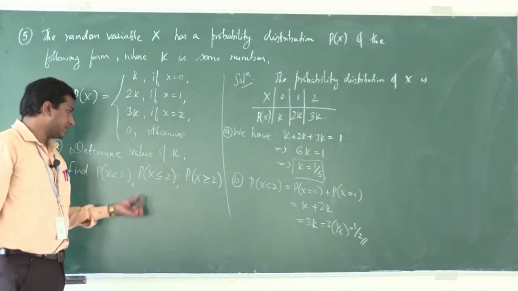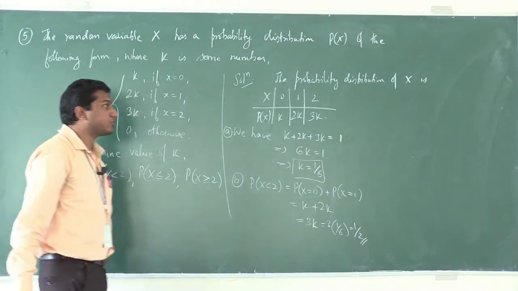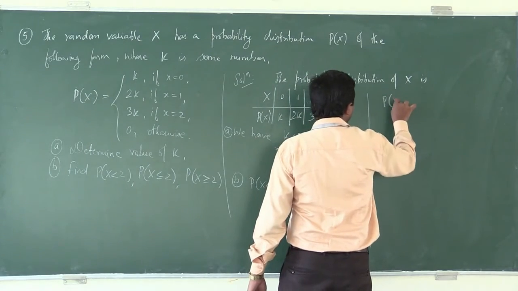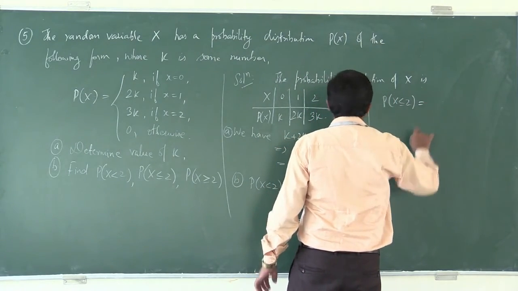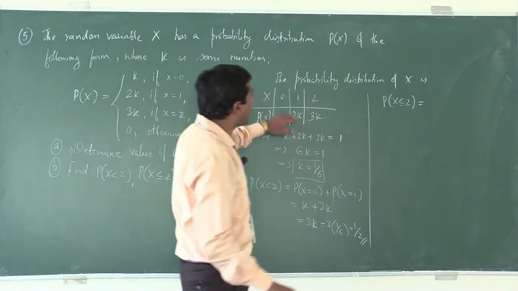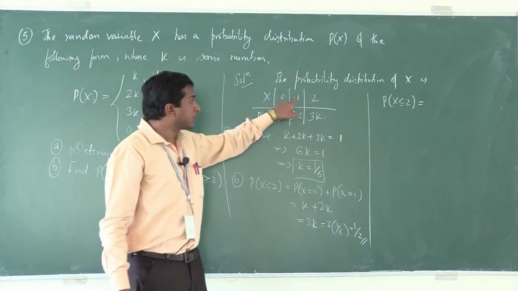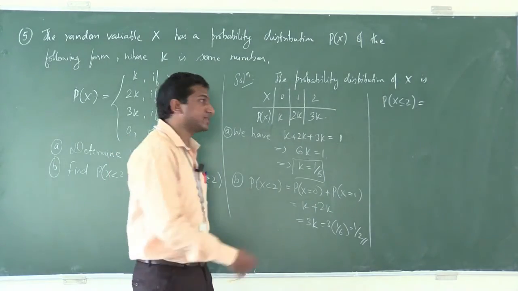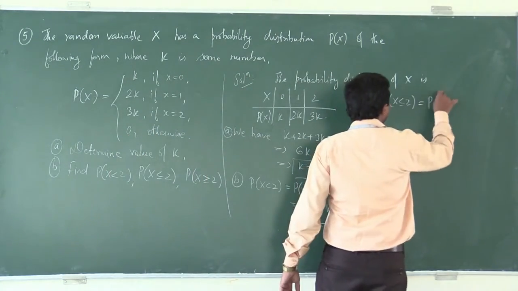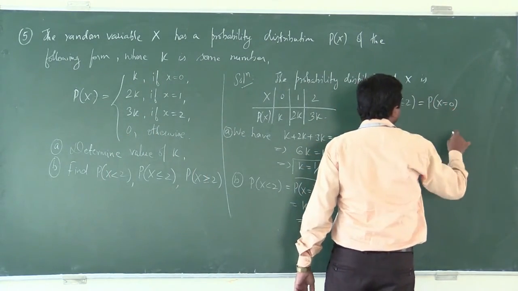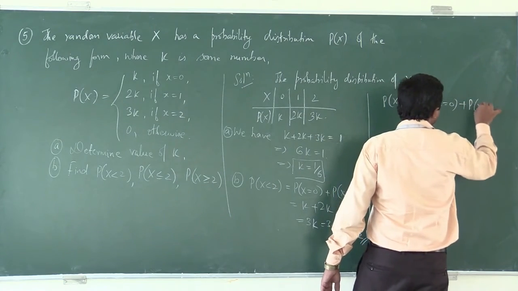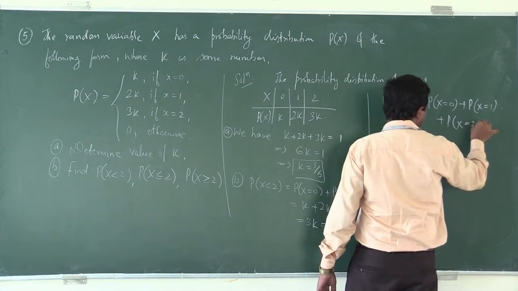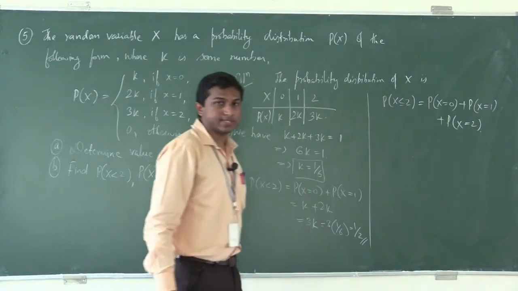Okay. Next, P of x less than or equal to 2. It is nothing but P when x equals 0 plus P when x equals 1 plus P when x equals 2.